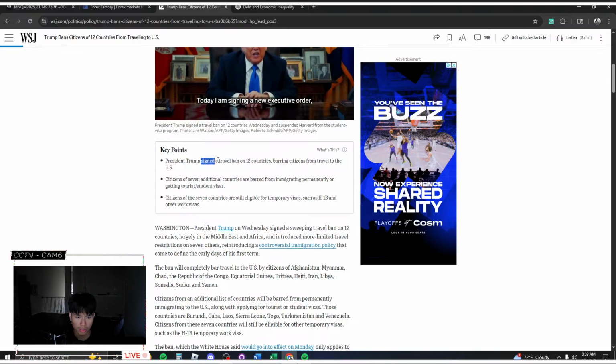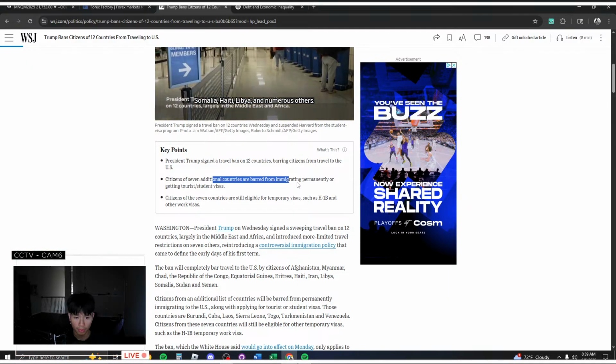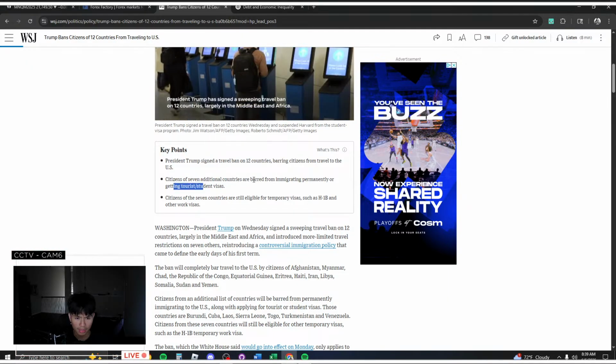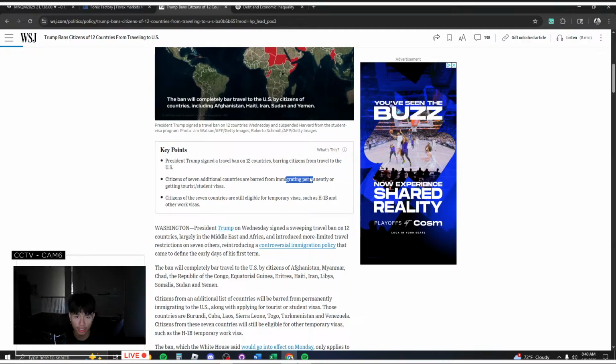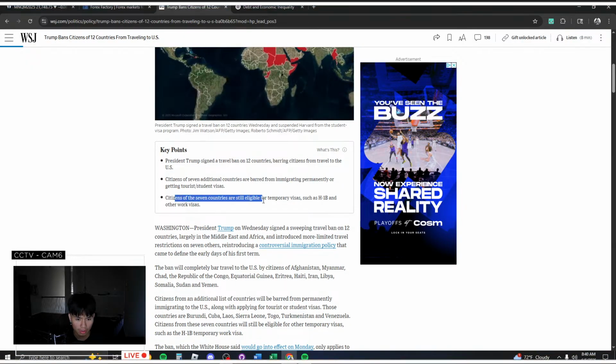So, President Trump signed a travel ban on 12 countries, banning citizens from traveling to the United States. Citizens of 7 additional countries are barred from immigrating permanently or getting tourist visas. So maybe citizens of these 7 countries could still come here to visit, but immigrating here permanently is not allowed, or they're still eligible for temporary.